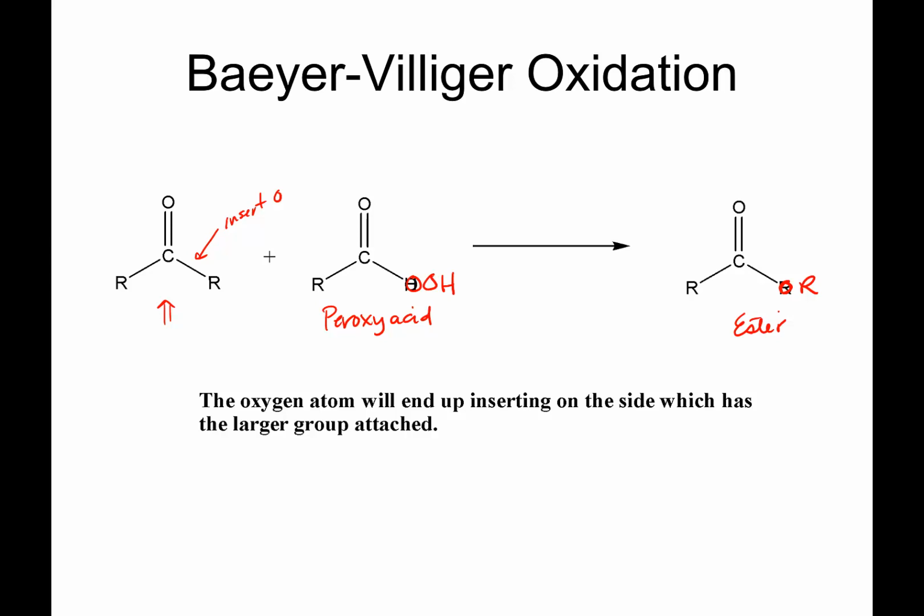Where will the oxygen insert? It'll insert on the side which has the larger alkyl group attached. This is called Baeyer-Villiger oxidation. We're not going to get into the mechanism other than that we're going to insert an oxygen between the carbon and the alkyl group.